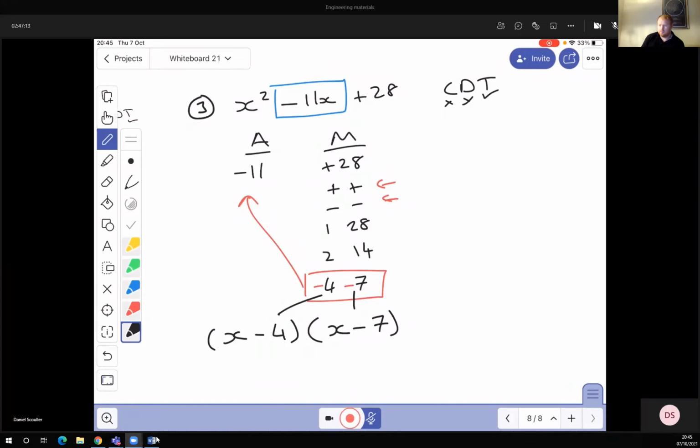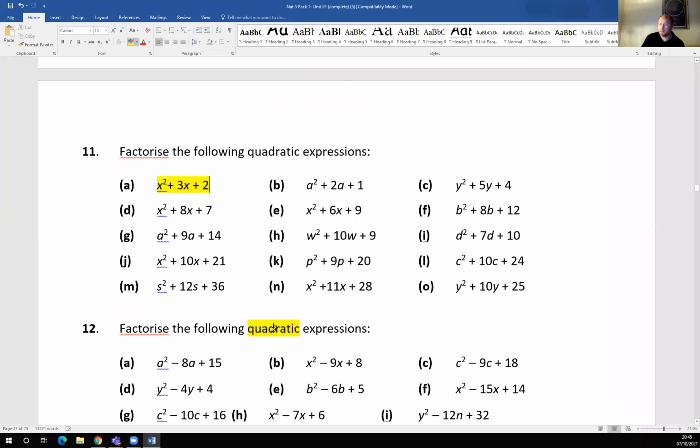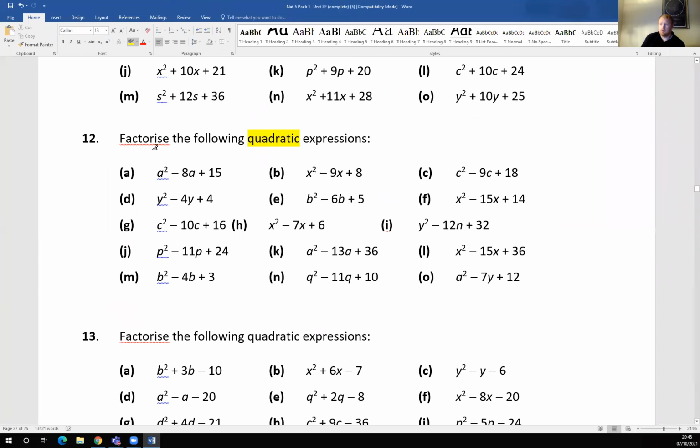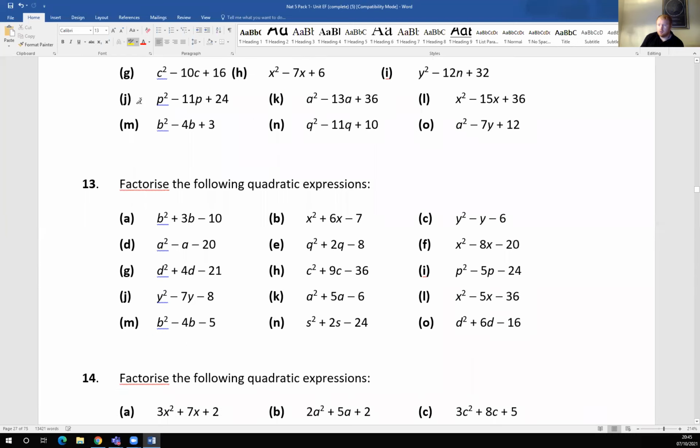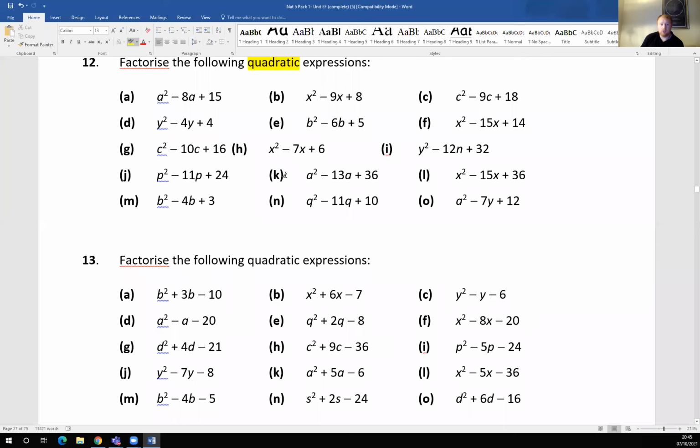Question 12 is using the term quadratic instead of trinomial. Don't be too worried about that, trinomial and quadratic, it's fine. Work through what you can in these. Don't need to do them all, just do as many as you feel comfortable with.